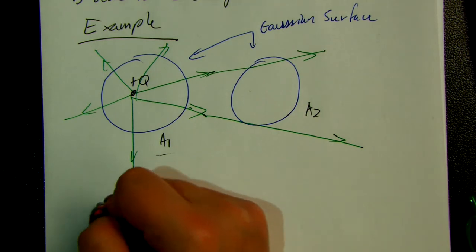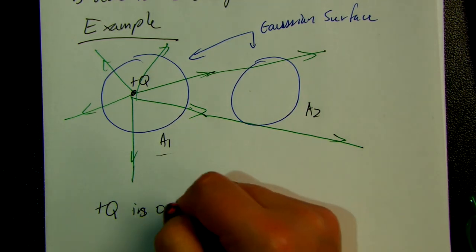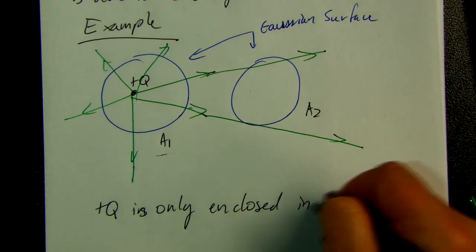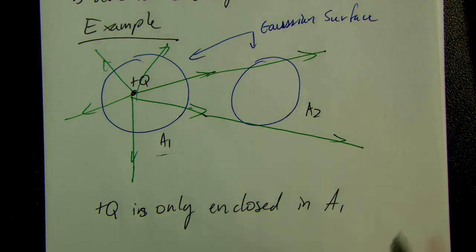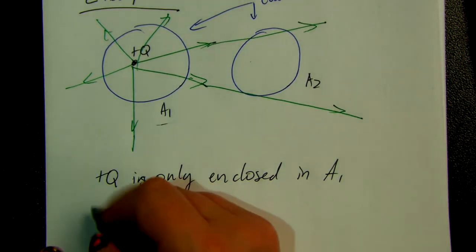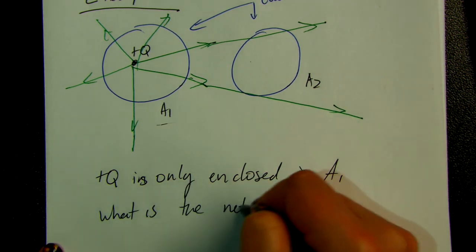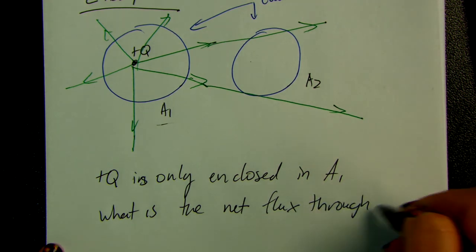But plus Q is only enclosed in A1. It's the only charge. So what is the net flux through each surface?